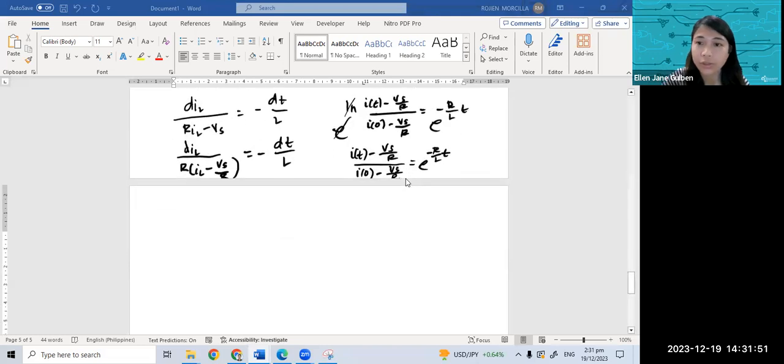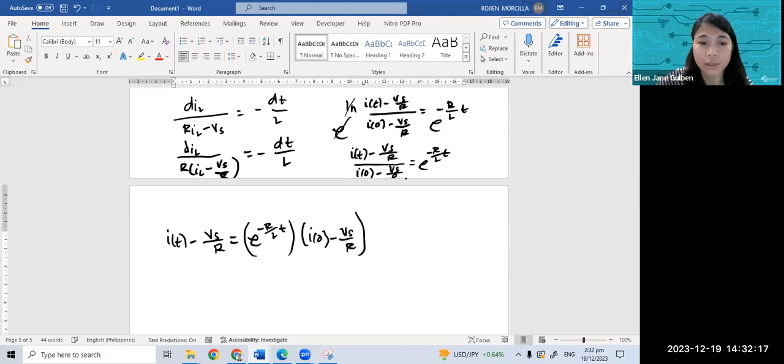Okay, to resume the calculation, I of t minus Vs over R is equal to e to the negative R over L t times I0 minus Vs over R. We will rearrange that one.